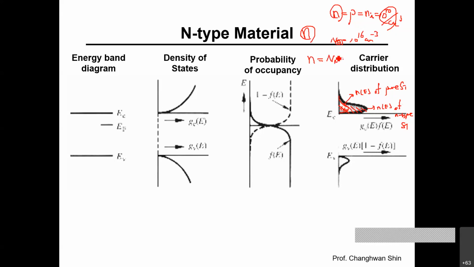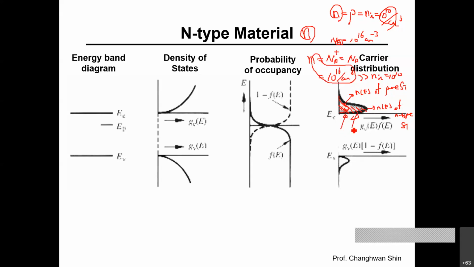All the donors should be fully ionized at room temperature, so the total number of free electrons is 10 to the 16, which is much higher than n sub i, that is 10 to the 10. See here the area difference, n-type versus pure silicon.